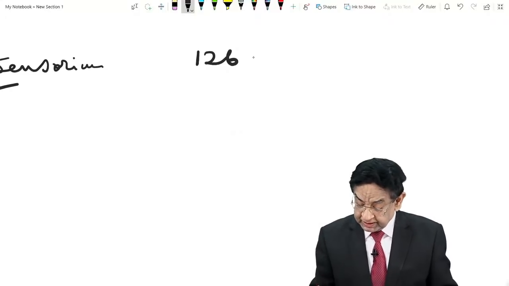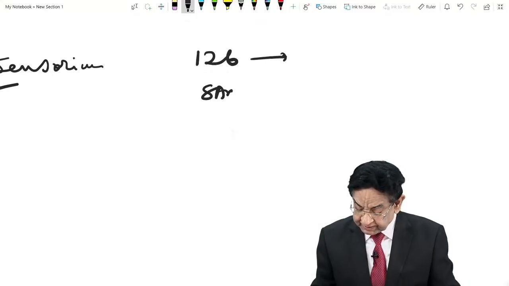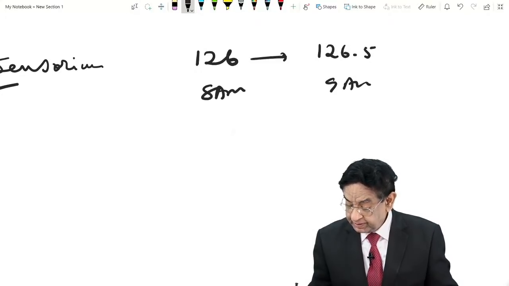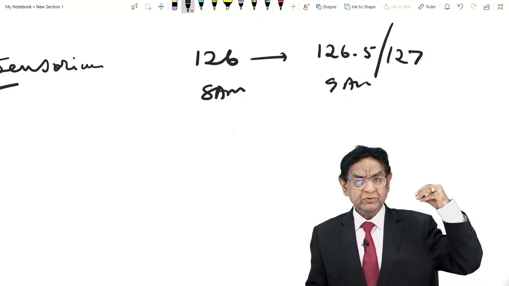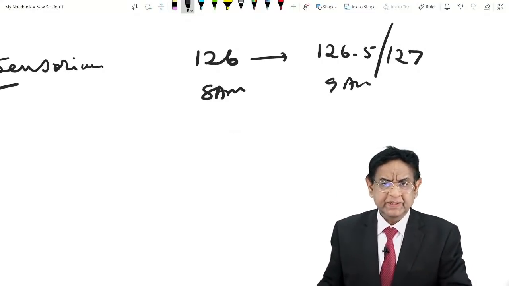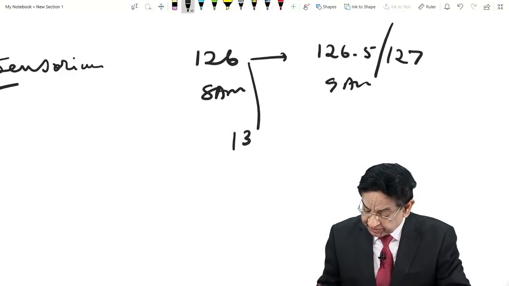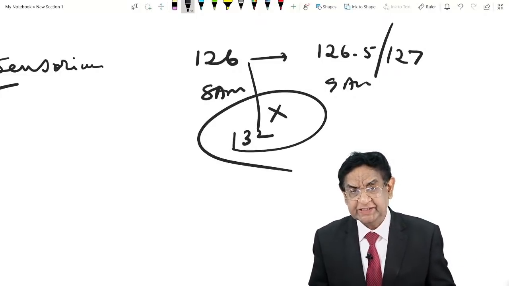Suppose this is 8 a.m. Then at 9 a.m. it should be 126.5 or at the most 127. So it should be rather 0.5 to 1 only. Never give fast so that by 9 a.m. it becomes 132. No way. Never. Give very slowly. The single most important, give slow.